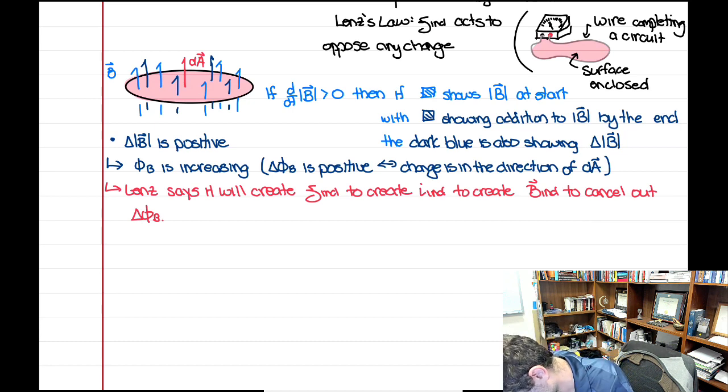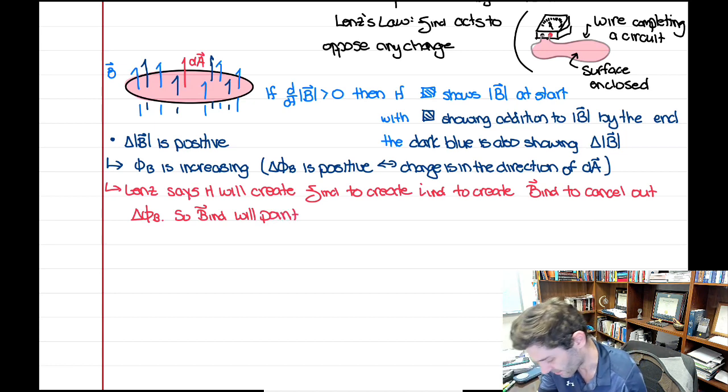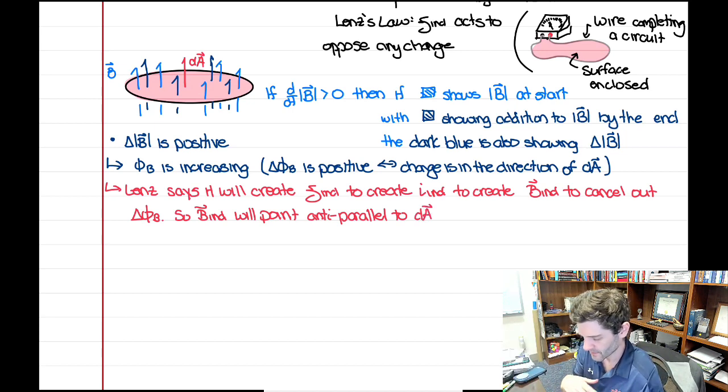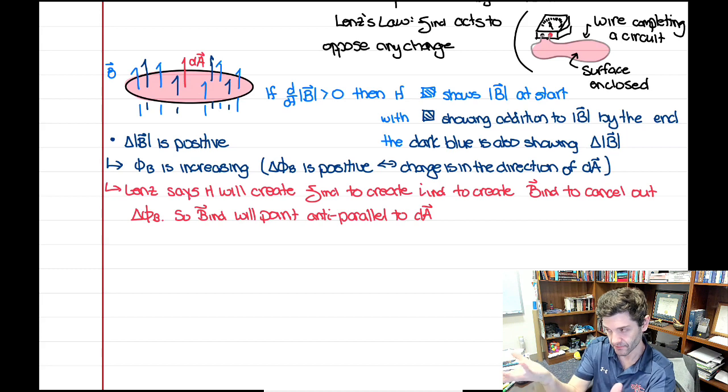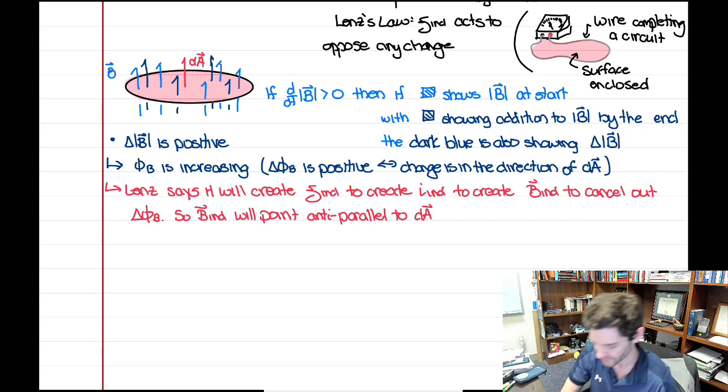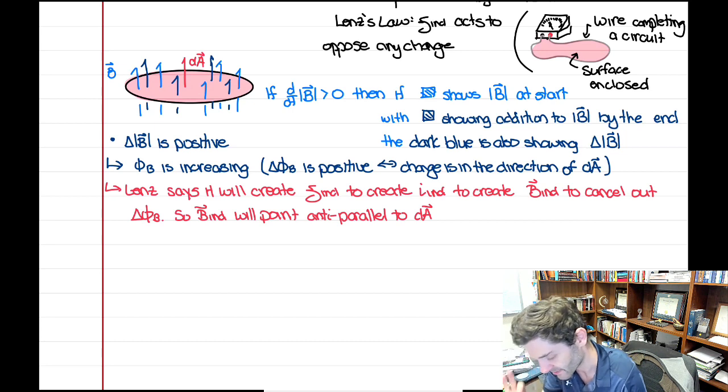In this case, B induced will point, if dA points up, well, I'll just write, it will point anti-parallel to dA. Since the delta flux was positive, the flux was increasing, it's going to want to counteract that and make it decrease back to what it started with.